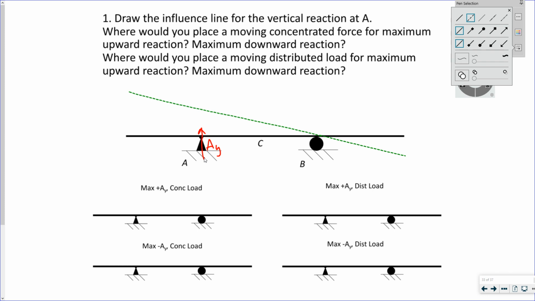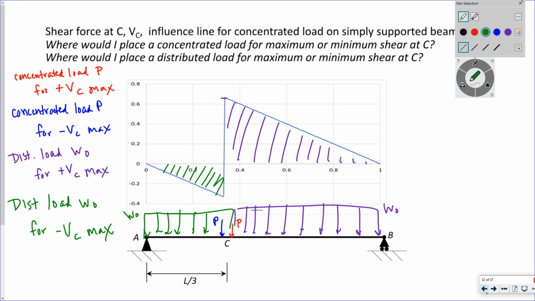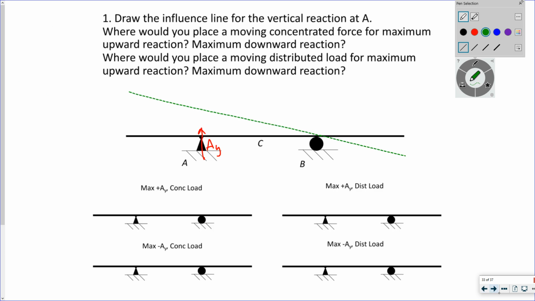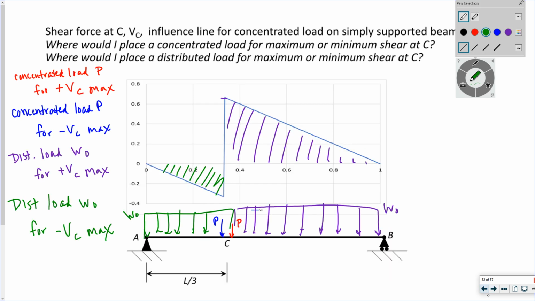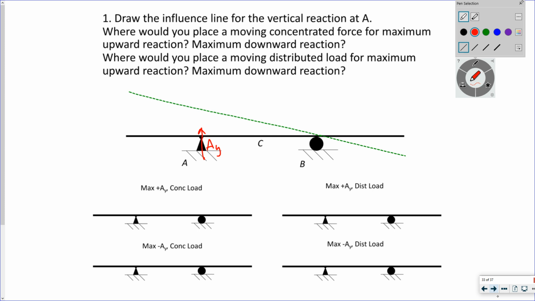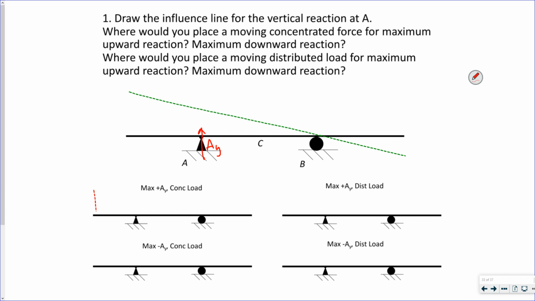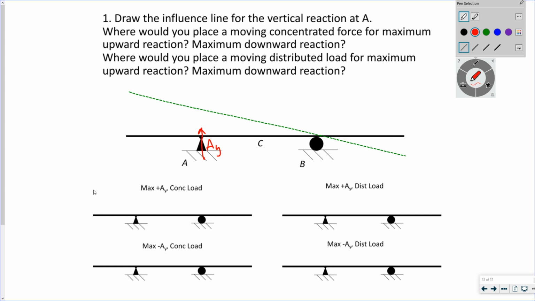So where would I put a concentrated force? What did I use before? Where would I put a concentrated force for my maximum? Where would you place a moving concentrated force for maximum upward reaction? Probably over here, right?